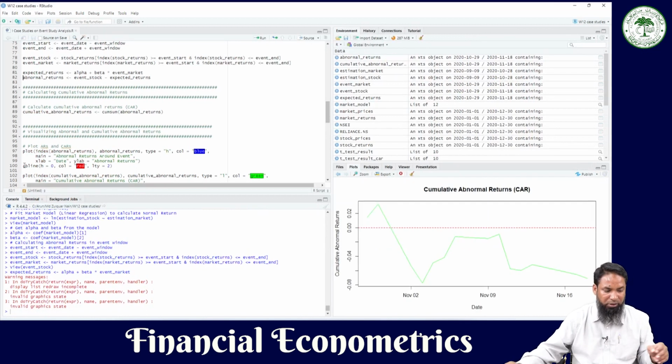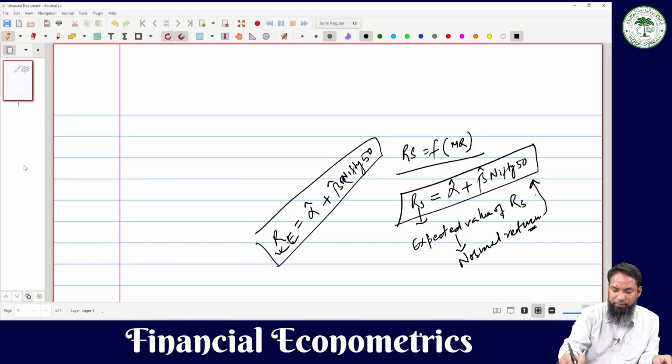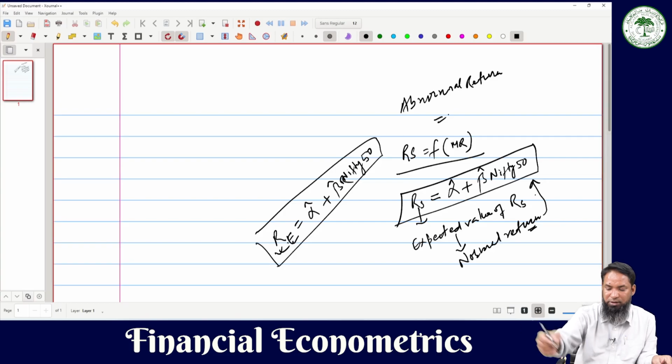Then now we are calculating the abnormal return. How do we calculate the abnormal return? It is the actual return minus the expected return. You may recall from the theoretical lectures that the abnormal return is the actual return minus the expected return.